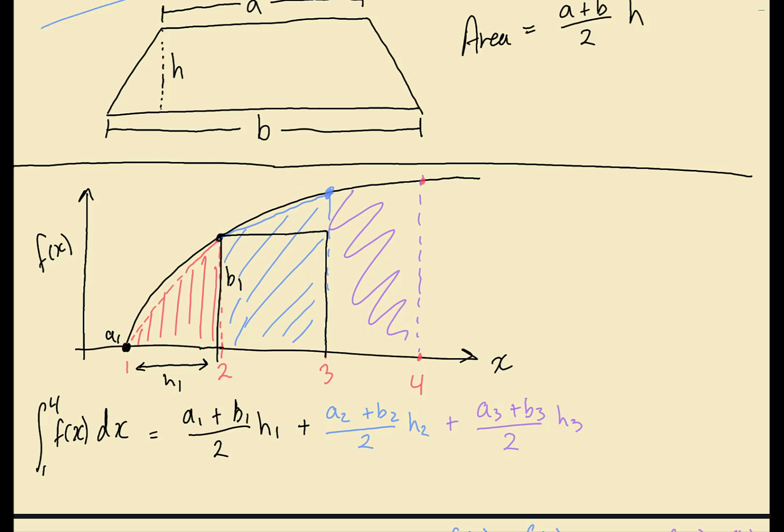Actually, I forgot to mention that in the trapezoidal rule, the error is this area that we see here. This is the missed area, which is basically the error in the trapezoidal rule method.